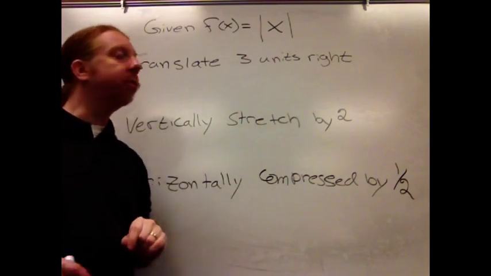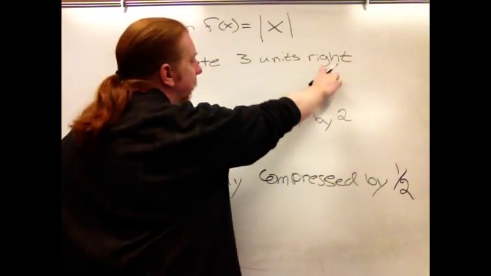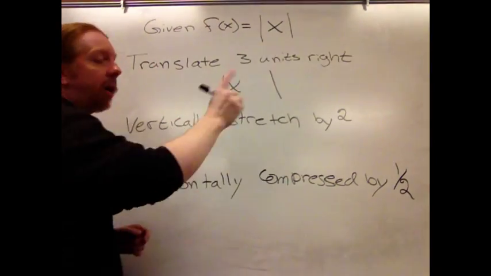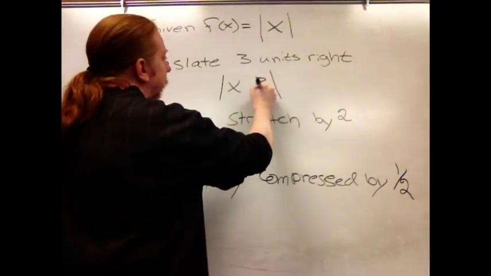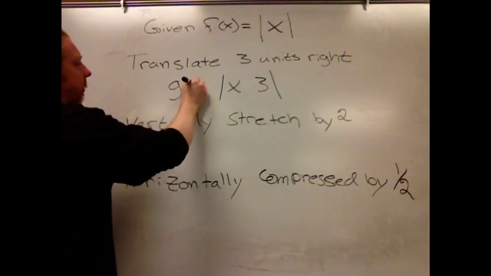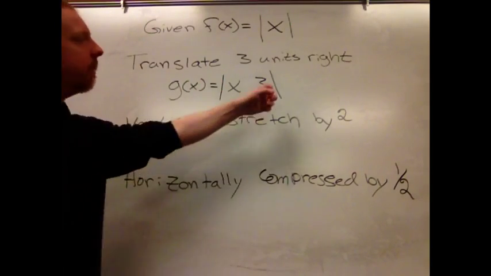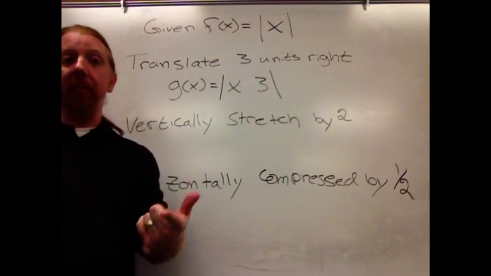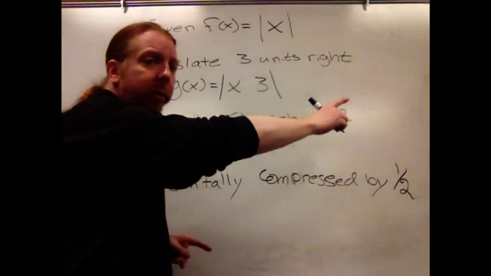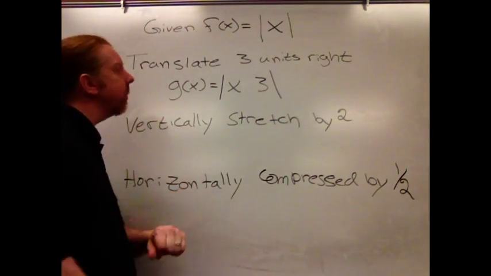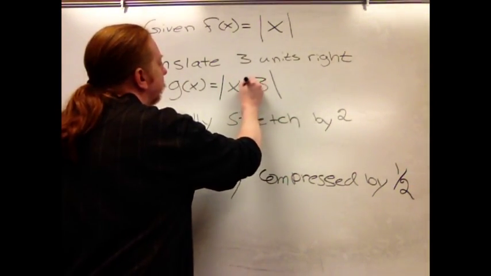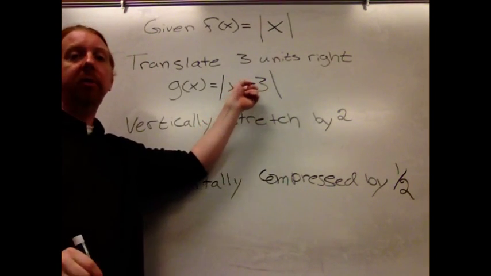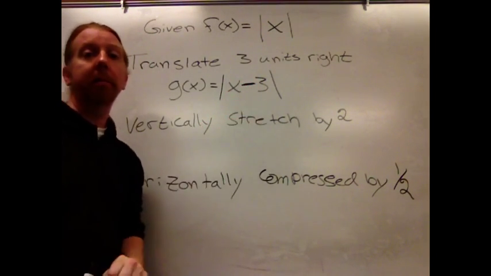As we talked about before, shifting 3 units right-left means inside my absolute value bars, I'm going to be affecting that change. So this will be my g of x. Now, since it's inside, I'm going to do the opposite of what I would expect. We usually think of right as positive, left as negative. However, since it's inside those parentheses, I'm going to do the opposite of what I would normally expect. I'm going to call it minus.